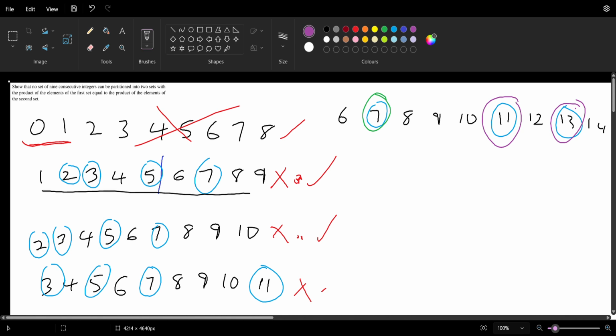The reason I'm saying this is because the next multiple of 11 is 11 steps away, but we are only dealing with 9 numbers, so there is no way a multiple of 11 can exist. The next multiple of 13 is 13 steps away, that's 26. But we are dealing with 9 numbers, and 9 is less than 11 and less than 13 steps away, so it won't work.